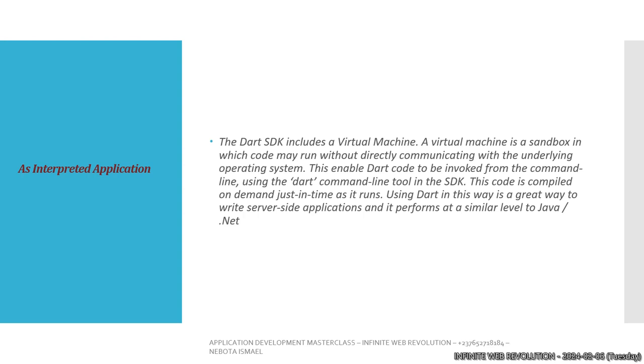So if you notice this, it actually needs to be compiled, getting to a certain format before it is passed on to your device's operating system to actually run it. But when we talk about interpreted code, what happens? It's converted and executed immediately, sequentially. It does not necessarily need to pass through this step.